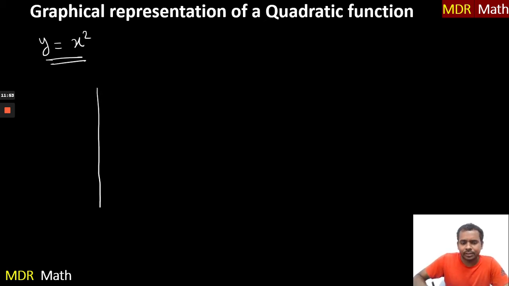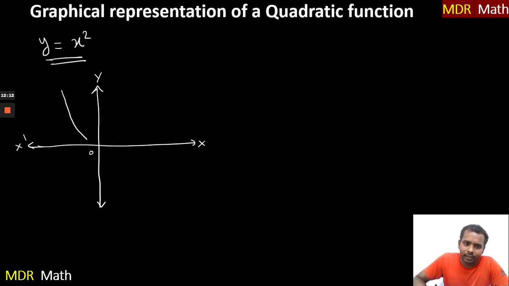So when you take y is equal to x square, we know that y equal to x square is a quadratic function, isn't it? A quadratic function takes a parabolic curve.